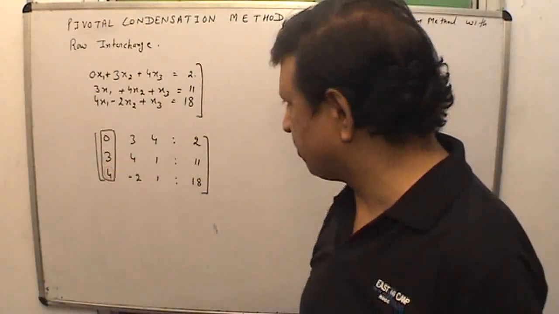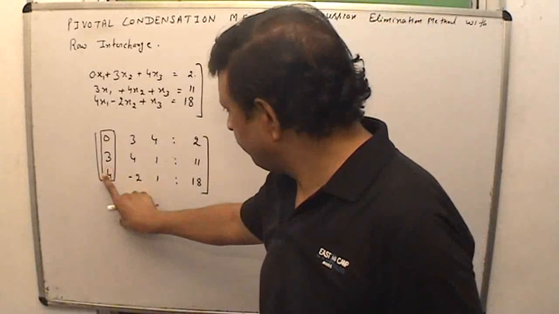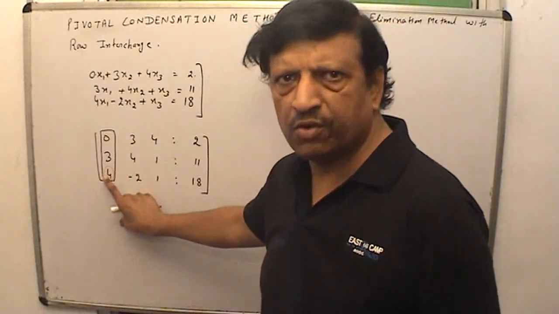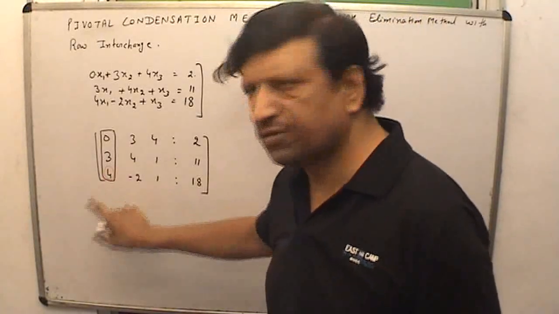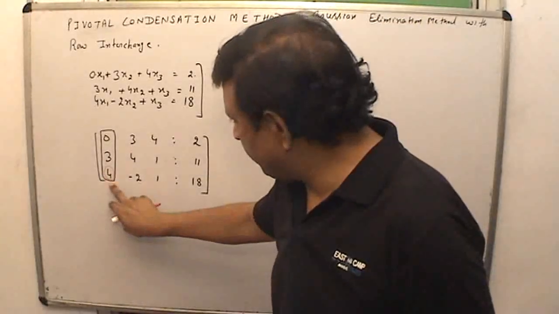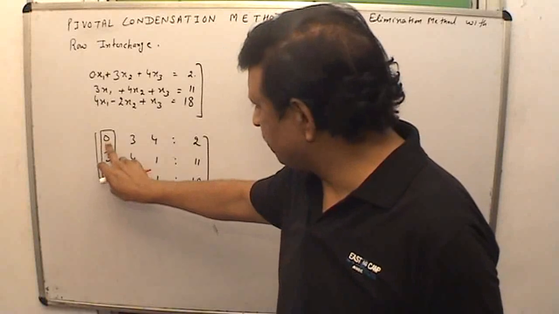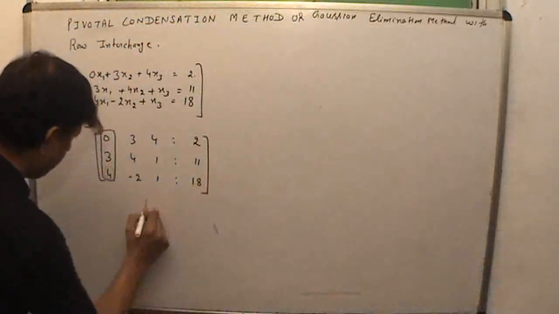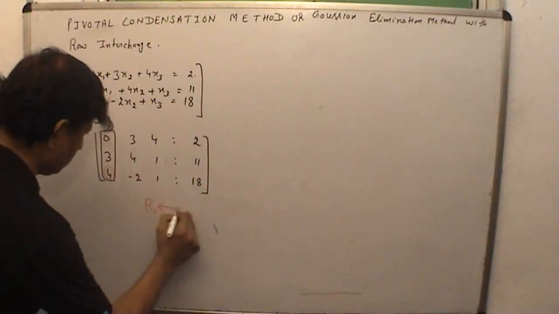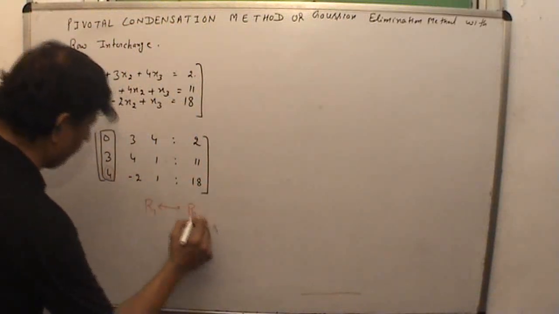We don't consider the sign. If it were minus 4, we would still have taken this 4. Change this 4 with this 0. It means we follow the rule that R1 interchanges with R3.